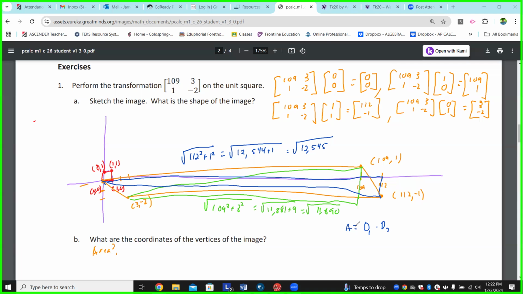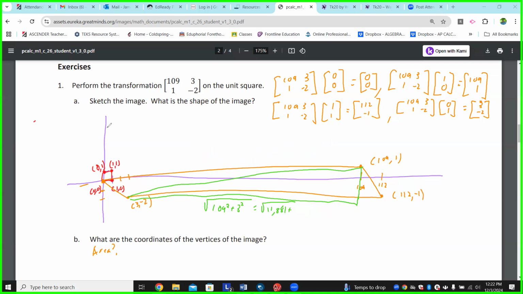Oh gosh, it's base times height. I did so much math for no reason.